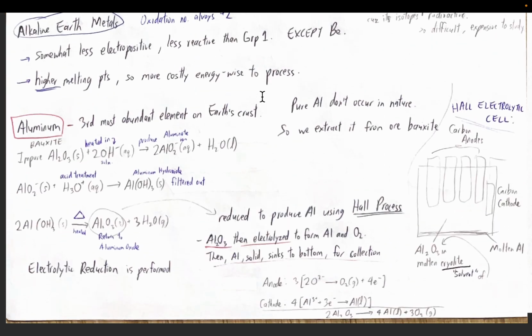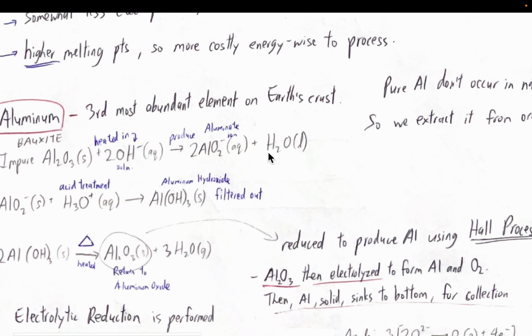Let's talk about aluminum. Aluminum is considered as the third most abundant element on the Earth's crust. So, coming from impure aluminum oxide, which is found in something called bauxite, when you heat it in hydroxide, it produces aluminate ion and water.